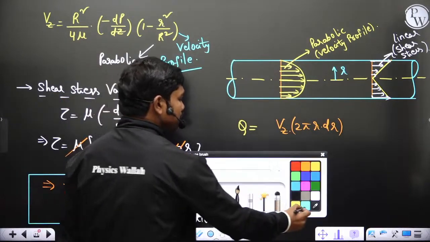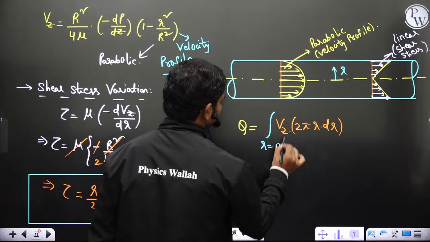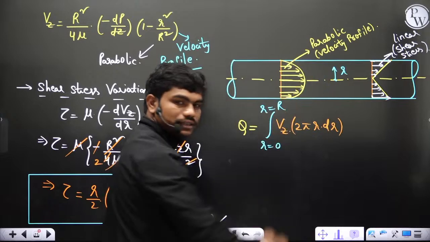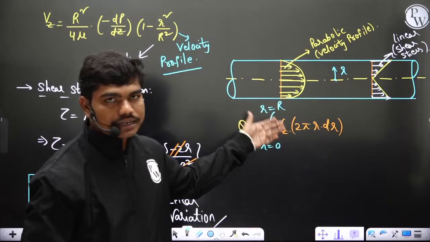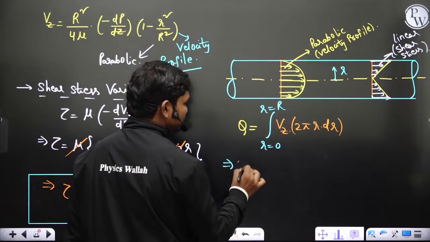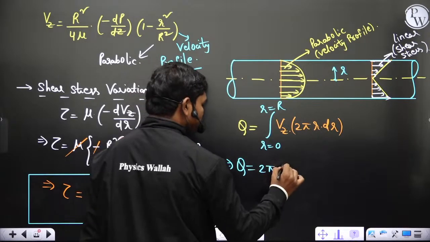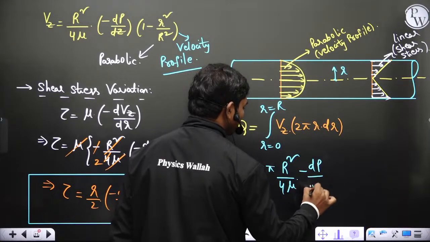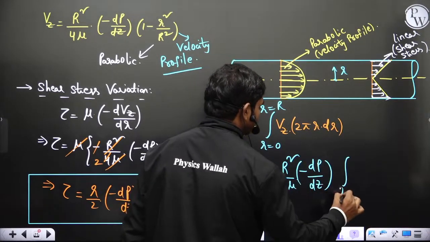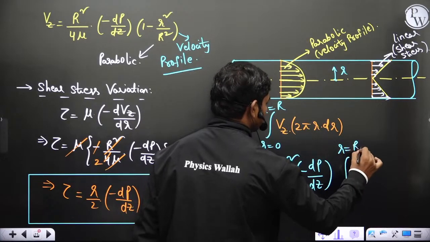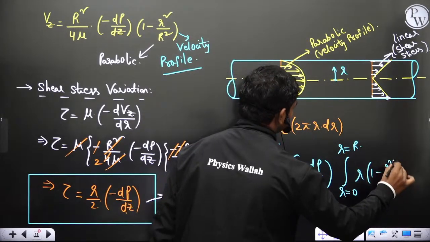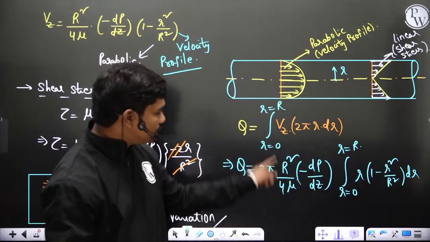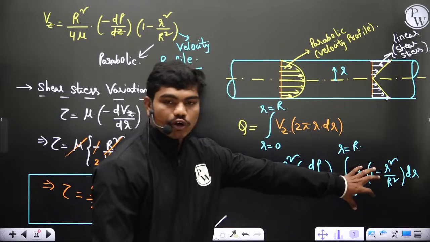Now you have to integrate this from 0 to capital R, that's it, because radius is 0 at the center and at the wall radius is capital R. So if you do this integration, you will get the answer. So what is Vz? Q is equal to 2 pi into R square by 4 mu into minus dp by dz, these are constants, into integral r equal to 0 to capital R of small r times 1 minus r square by capital R square dr. Actually when you write Vz, this term should be inside, but that's a constant, so I have taken it out.